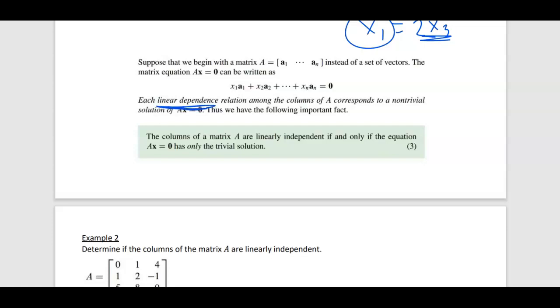The relationship among the columns is this non-trivial solution because you have these x values here that are not 0, and so there's that dependency there. So the columns of A are linearly independent if Ax equals 0 only has the trivial solution. So these are all very connected with each other. That's just a formal definition.